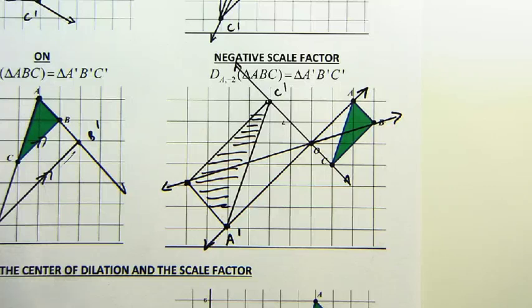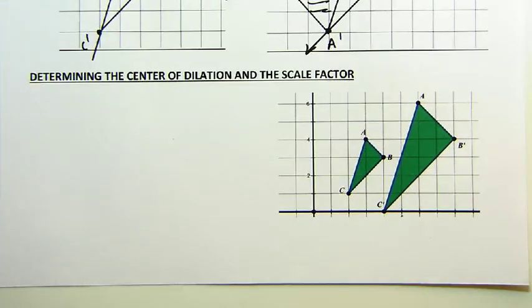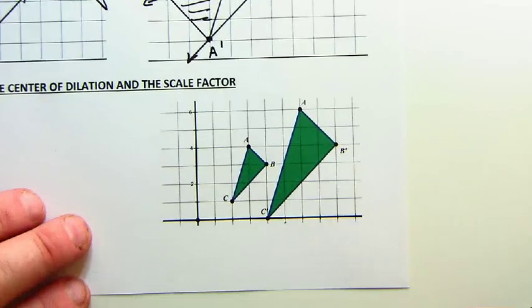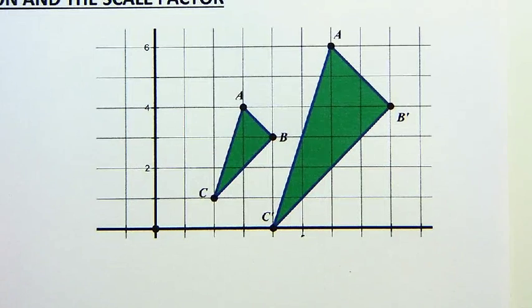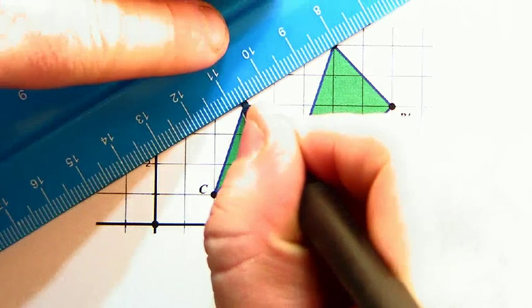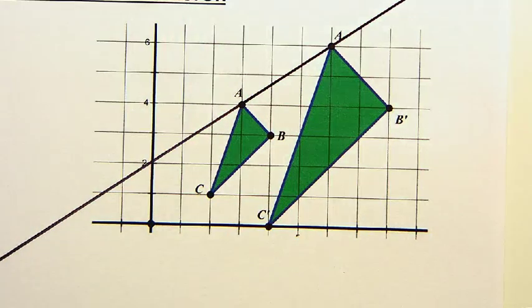Anyways, now the last thing it will ask you to do is to determine the center of dilation, and the way that we will approach that is the reverse concept. In other words, we know that A and A prime have to be on a ray together. I don't know where the center is, but I know that the center has to be on that ray or line somewhere.